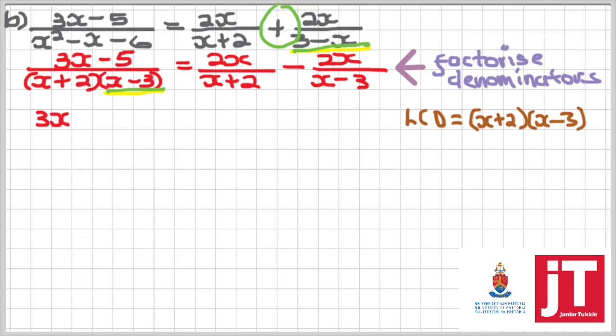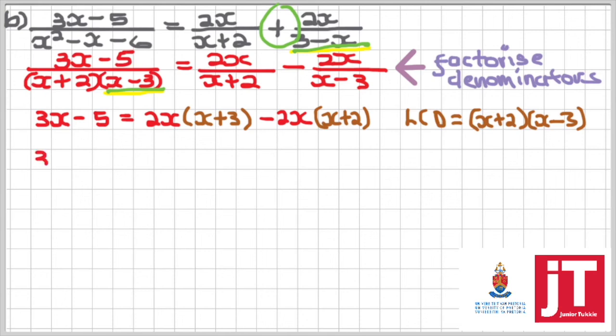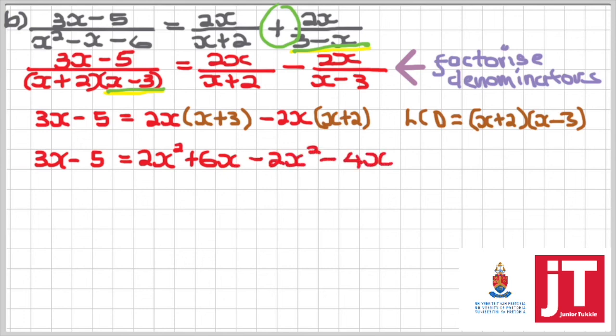So we're going to have 3x minus 5 is equal to 2x open bracket x plus 3 minus 2x open bracket x plus 2. Removing brackets in that linear equation, we're going to get 3x minus 5 is equal to 2x squared plus 6x minus 2x squared minus 4x.